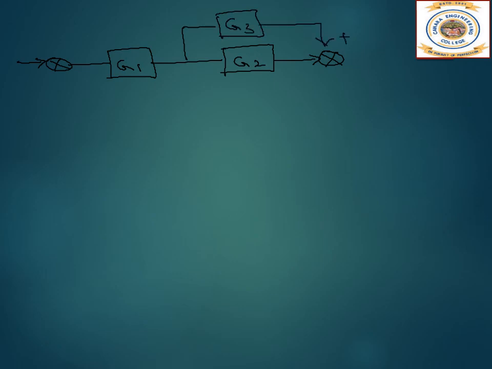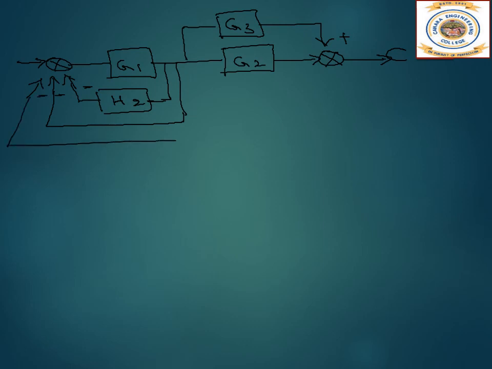Both positive here, and this is output C, and here we have H2. When we split it up, all are negative feedback only. So one more input here, negative feedback. Here in the feedback we have H1, so that comes from here. Now we can simplify. This is R and C.